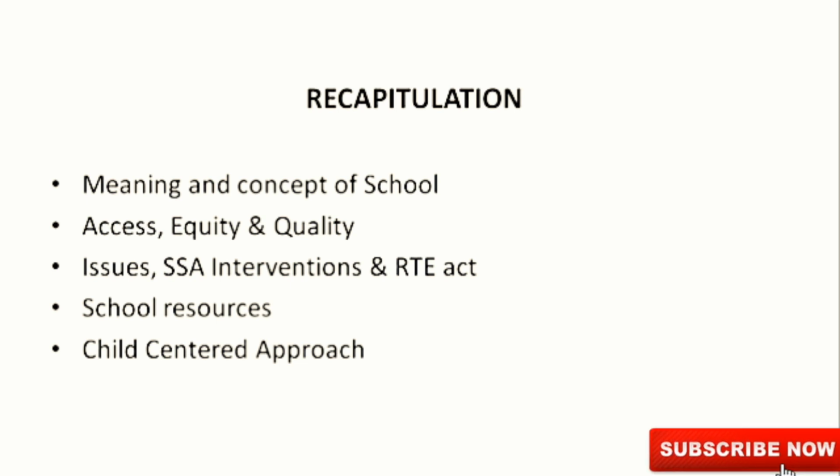Then we have seen the various issues regarding access, equity and quality, and the SSA, Sarva Shiksha Abhiyan interventions, and the RTE Act which supports them. Then come the school resources, how they should be and where they should be tightened up or developed for the betterment of the students.